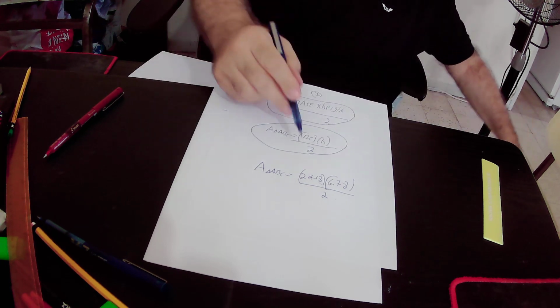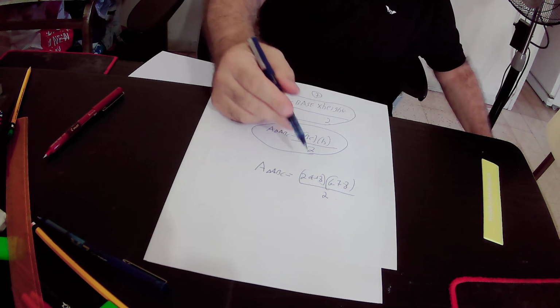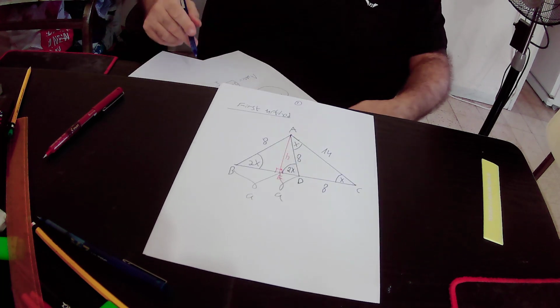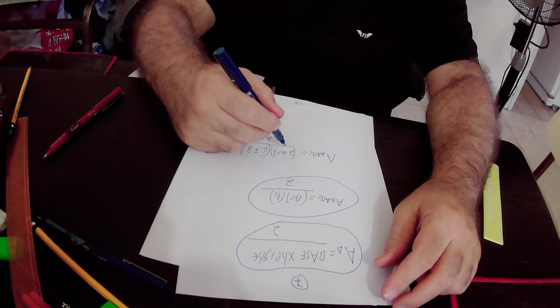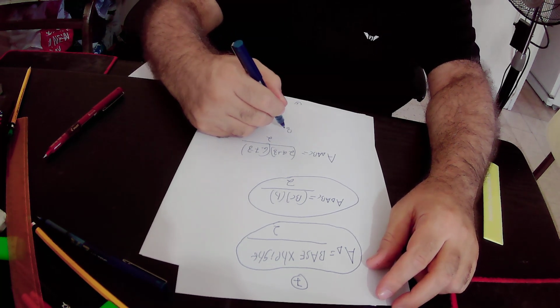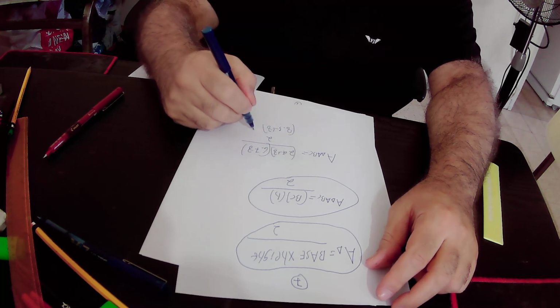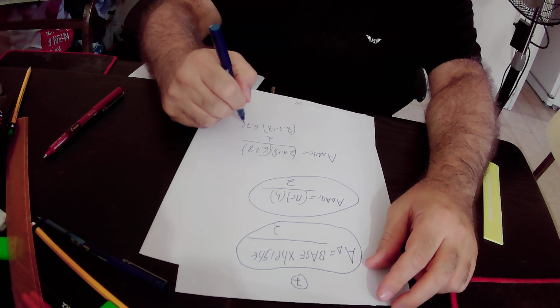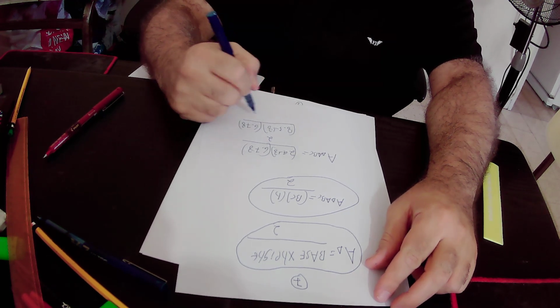So we substitute a by 4.25. 2 times 4.25 is 8.5. So I write it down. And okay, it is (8.5 plus 8) times 6.78 over 2.